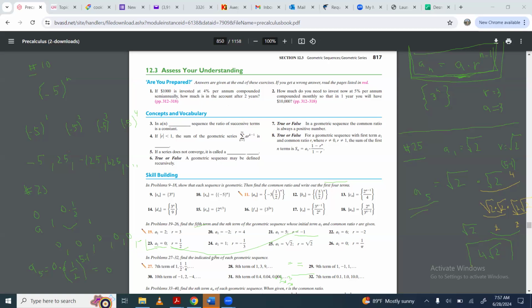So could you please do problem number 24 for a quiz, analogously to the previous problems? Please find the fifth term, just like the exercise is asking you for this geometric series. Find term number 5, and that'd be your quiz for today.